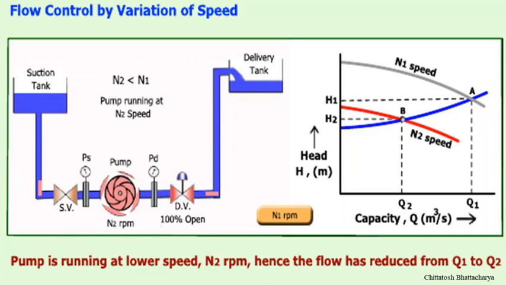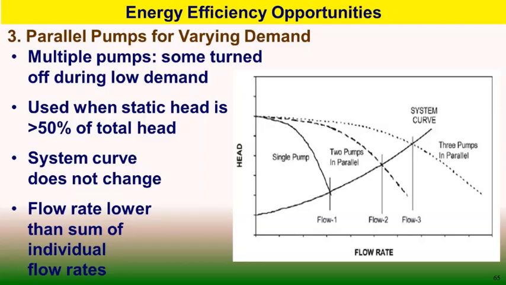Parallel operation is one of the improvement methods for meeting varying demand. When we are operating two or more pumps in parallel, the flow rate is gradually building up without changing the head. So naturally when the demand is lower we are running with a single pump.